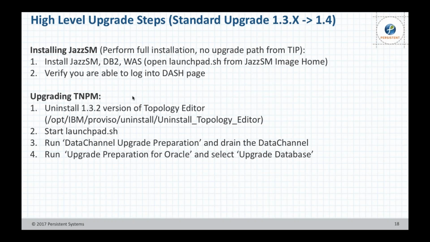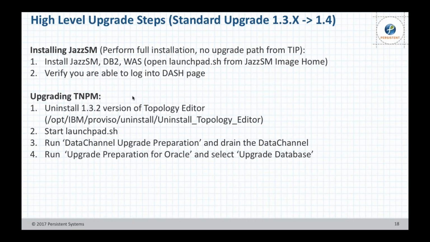The answer now is that in TNPM 1.4.3, the data channel components are still on 32-bit architecture. However, I understand that the next release of TNPM, which is 1.4.4, will be introducing the data channel that supports 64-bit architecture.